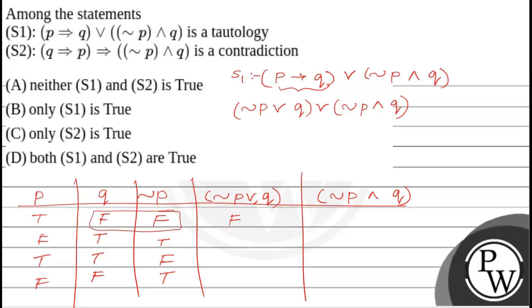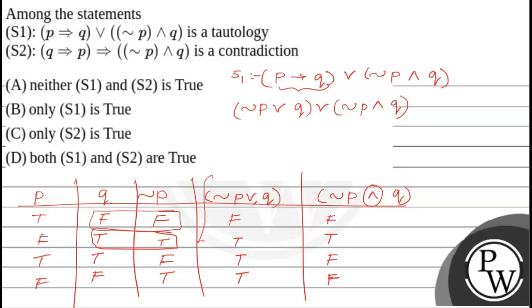So only this will be false and remaining all will be true. And similarly, हमने ये देखा है for conjunction, the truth value will be true only when both are true, which is happening only in the second case. So only this will be true, remaining सारे cases में हमें false मिलेगी.